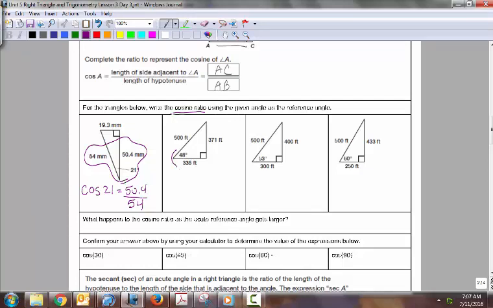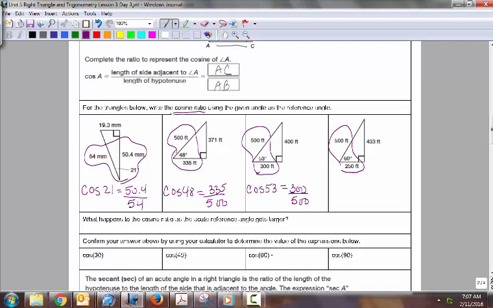Circle the things I need, the reference angle, the side adjacent, and the hypotenuse. The cosine of the reference angle of 48 degrees is the side adjacent over the hypotenuse. Find the reference angle, the side adjacent, and the hypotenuse. We say the cosine of our reference angle of 53 degrees is the side adjacent over the hypotenuse.